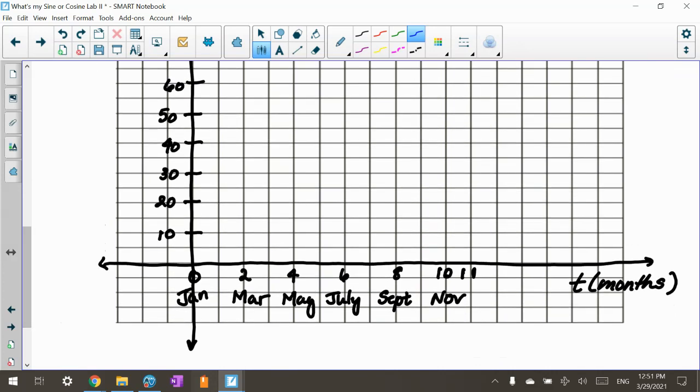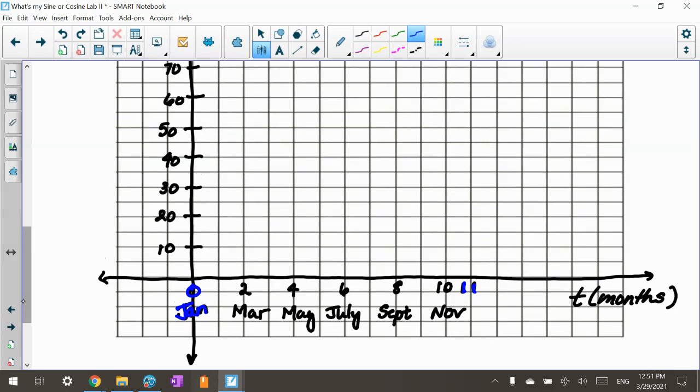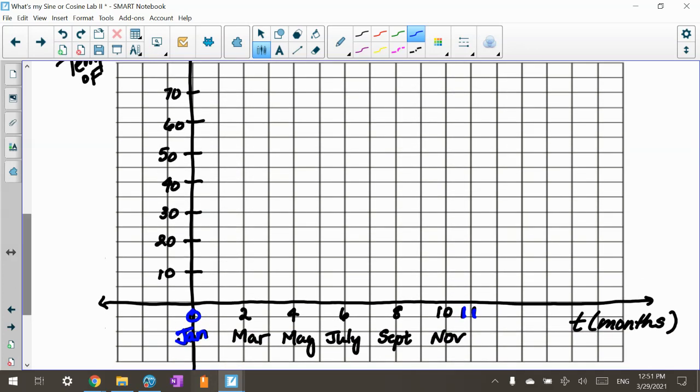January is 0, so that's right on the y-axis, and then I counted by 1 all the way to November, and December is number 11. So I still have 12 months of a year. Then I counted by 5s all the way up to 70, because the highest temperature is about 61.3, so that will all fit.